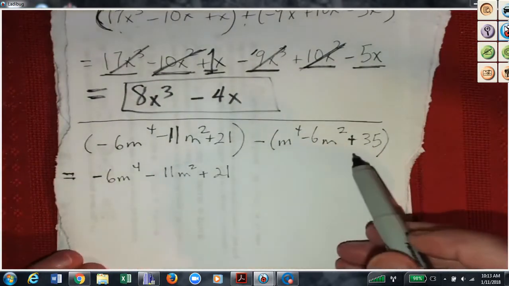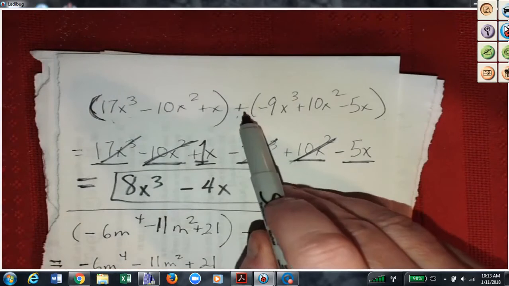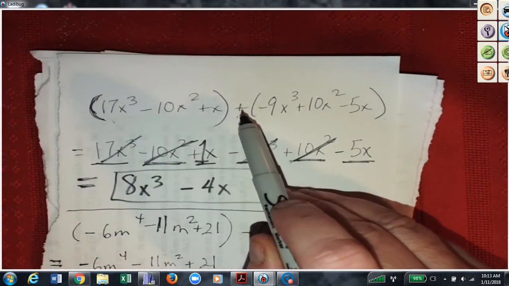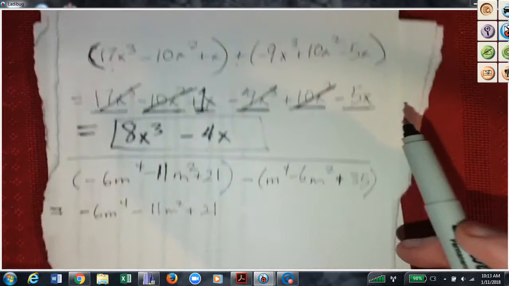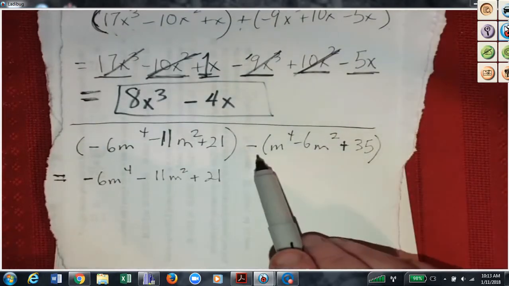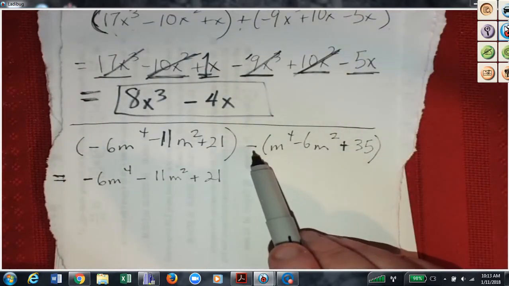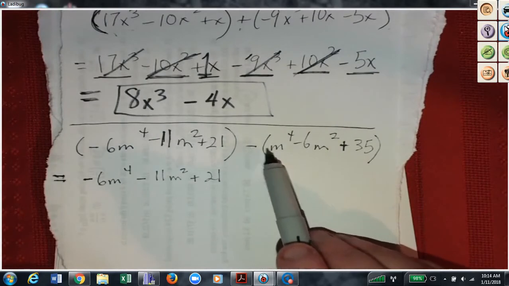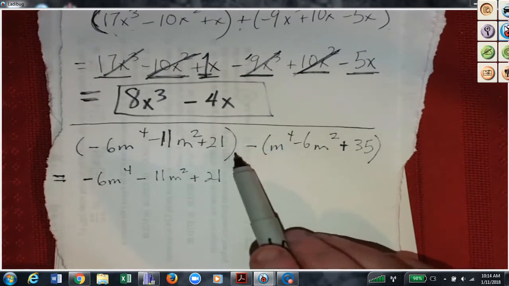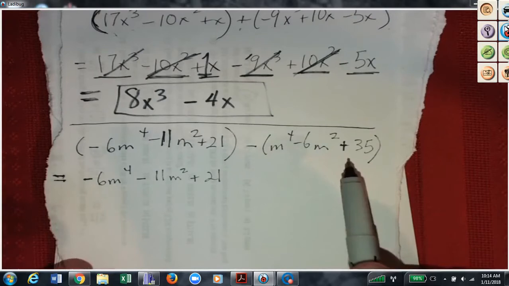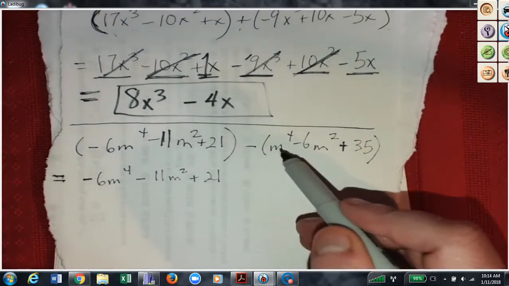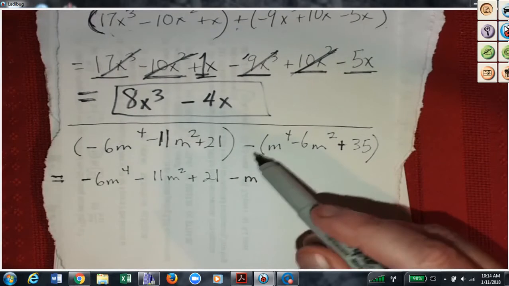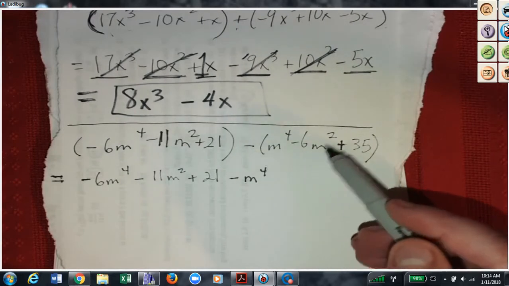But this second set of parentheses does not have a plus sign like the previous one. And it's only if it's a plus sign by itself that you can drop the second parentheses. So we cannot. I'm going to have to do something called the distributive property, because these are inside parentheses, this negative symbol has to come in and be applied to every term, not the first term, every term. So I'm going to have minus m to the fourth, then minus negative 6m squared.